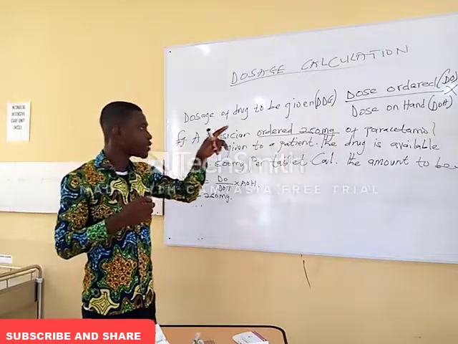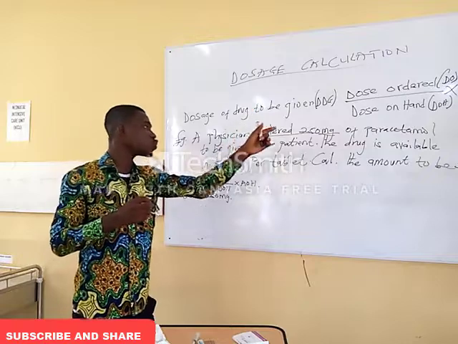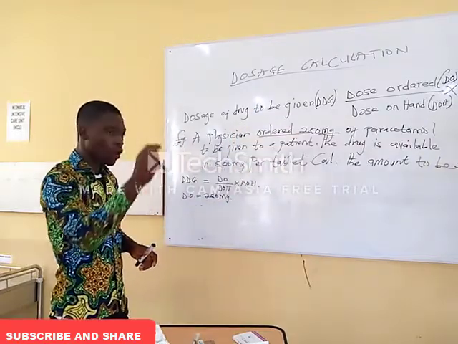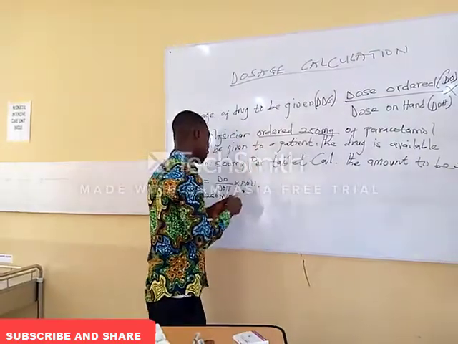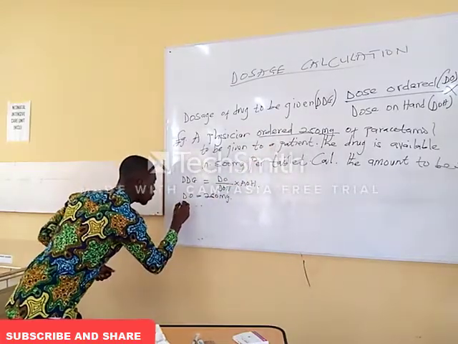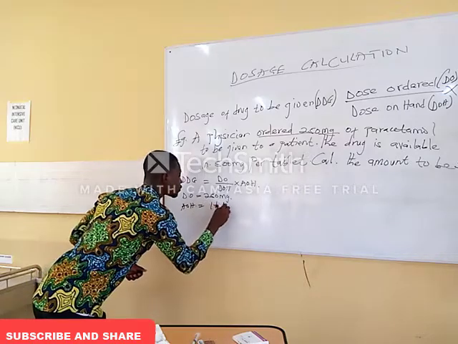And in the formula we said that amount on hand contains the dose on hand. So this is the amount on hand. The one tablet here, per tablet, means 1. So that becomes the amount on hand. So amount on hand is equal to 1 tablet.